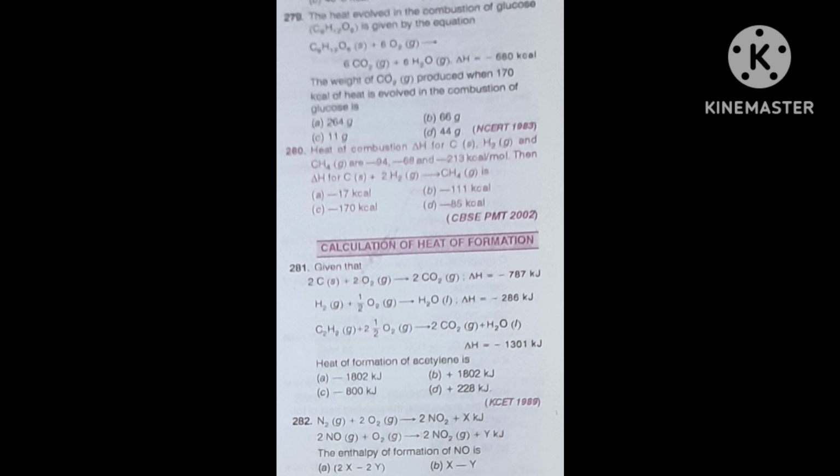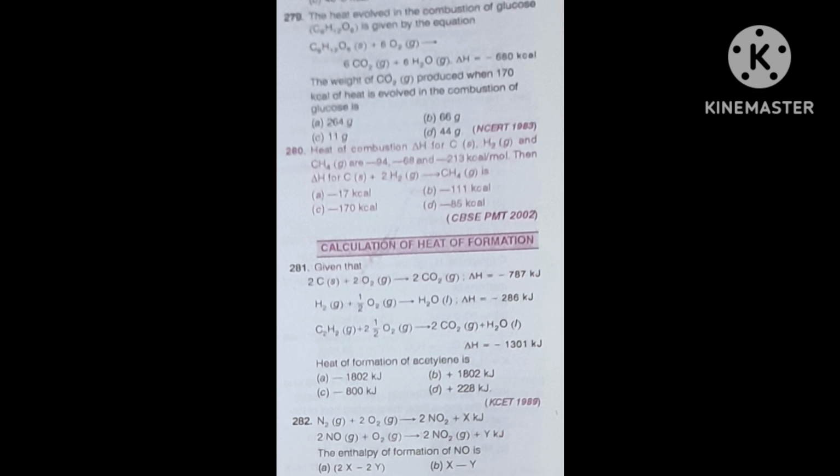Second, H2 plus half O2 gives H2O, its value is given minus 286 kilojoule. Third reaction is C2H2 gas plus 2 and half O2 gives 2CO2 plus H2O liquid, and its delta H value is given minus 1301 kilojoule.